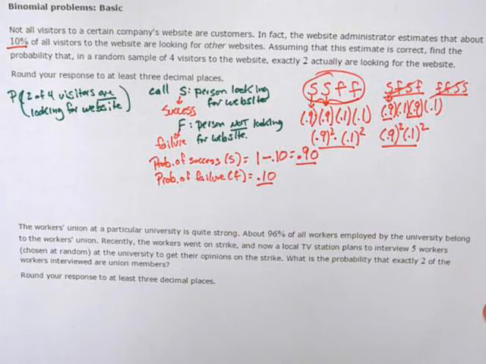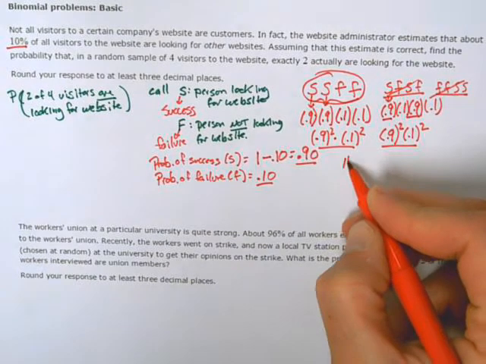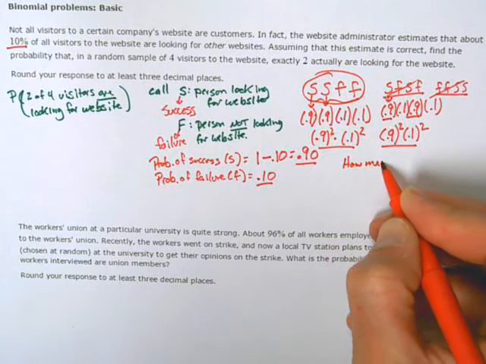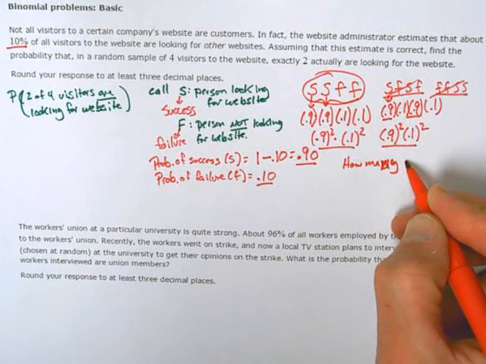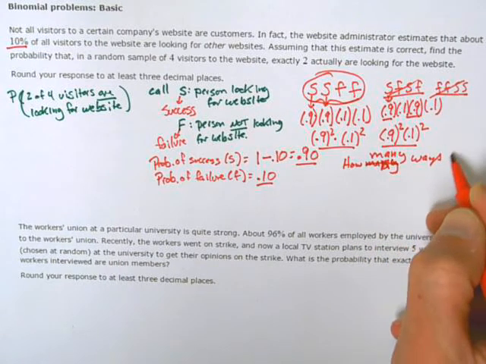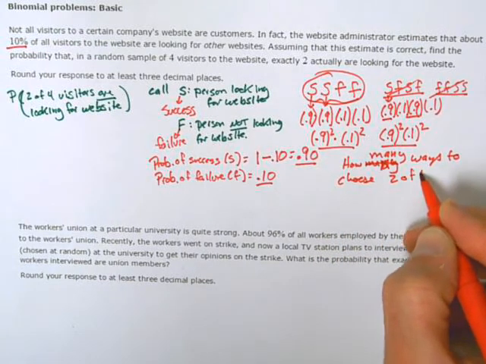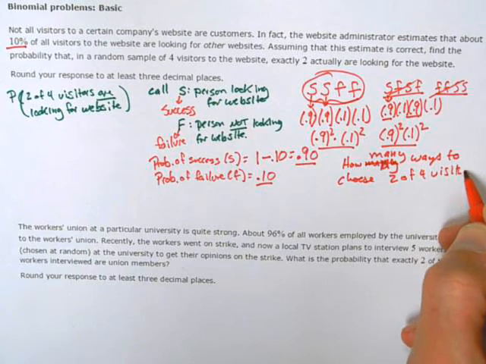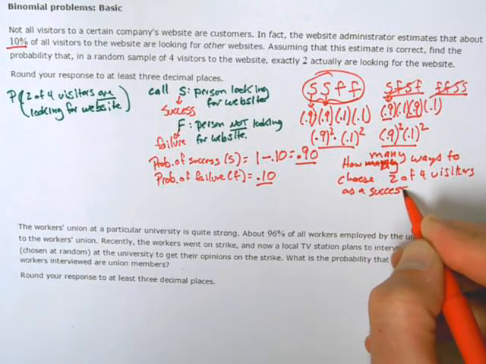Well, so what I would say is let's figure out how many ways to choose 2 of 4 visitors as a success.